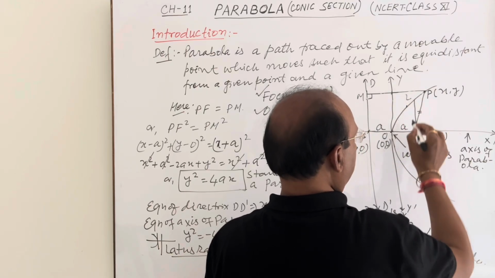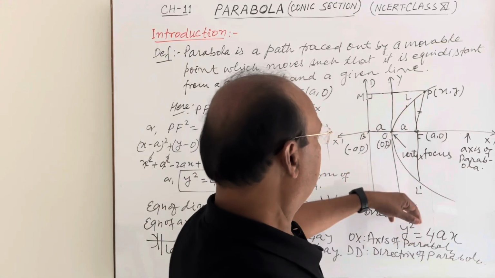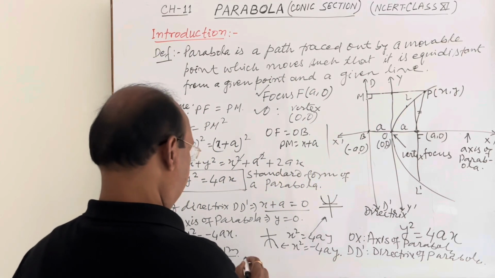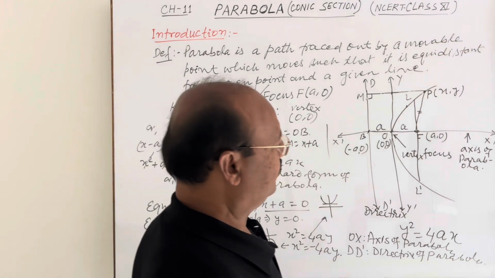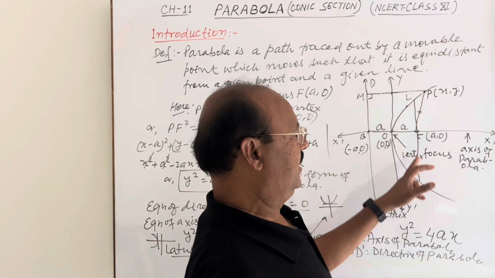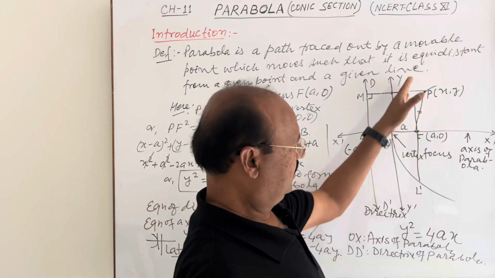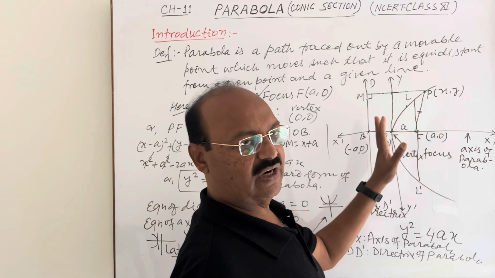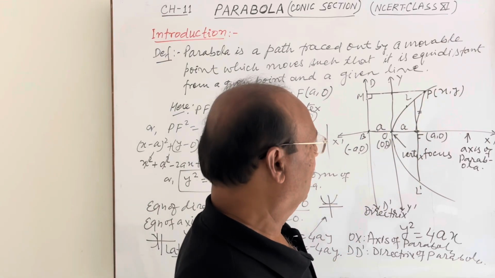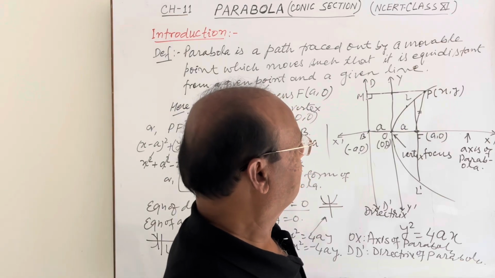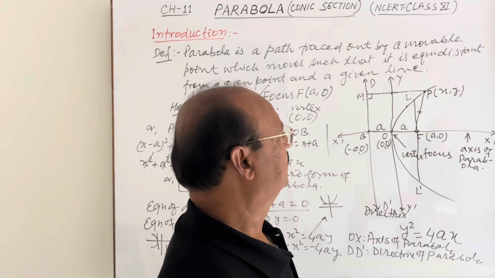Let us write these points as L, L dash. So here L, L dash is called the latus rectum, which is perpendicular to the axis of the parabola passing through the focus of the parabola. Its length LL dash will be 4a.